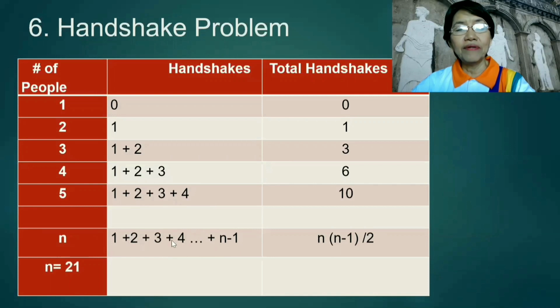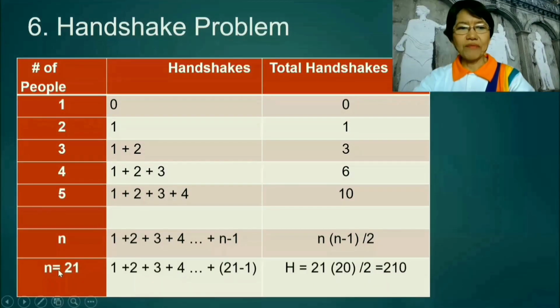And the formula for this sum is equal to n times n minus 1 over 2. So if we have 21 persons in the room, then we have 1 plus 2 plus 3 plus 4 plus up to 21 minus 1 handshakes. In the formula, the number of handshakes is equal to 21 times 20 divided by 2, which is equal to 210.